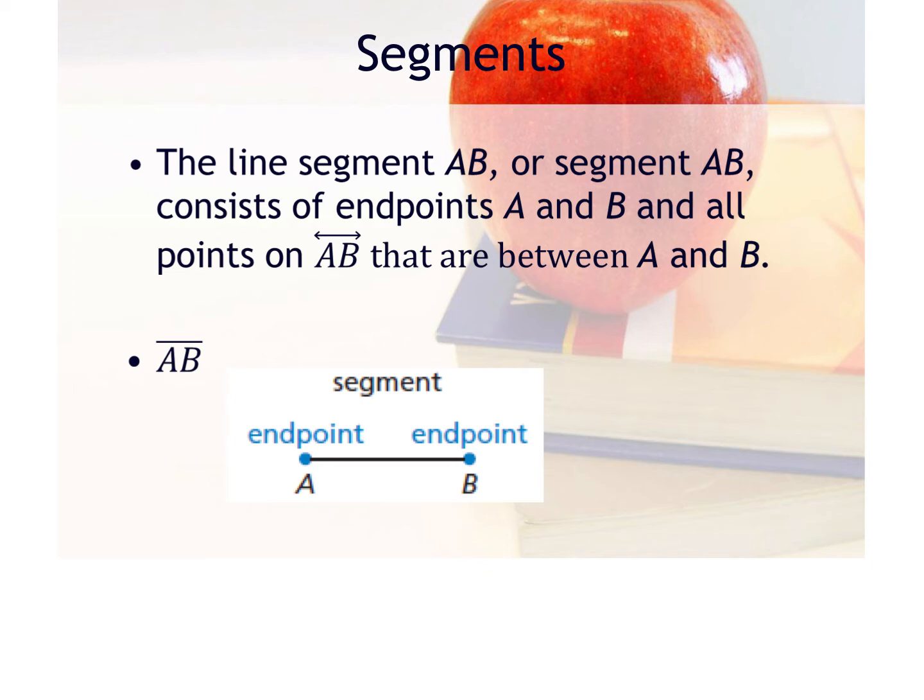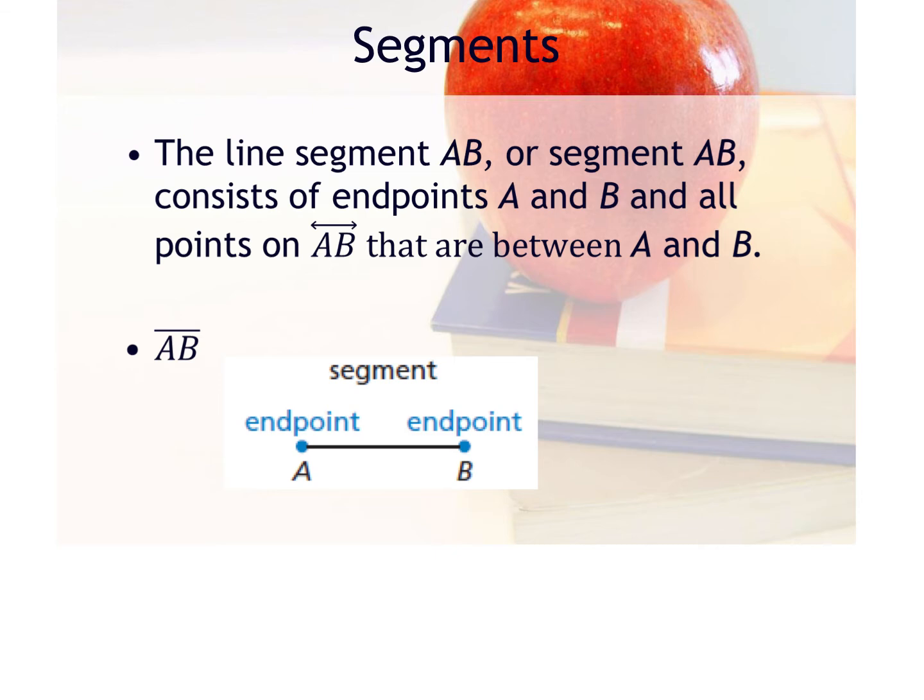And the letters, when you name the segment, those are the endpoint letters. So notice here, again, you can name a line segment by just writing the word segment and then listing the 2 endpoints. You can also just put the capital letters, or you could put the capital letters with a picture of a segment on top, no arrows on it.